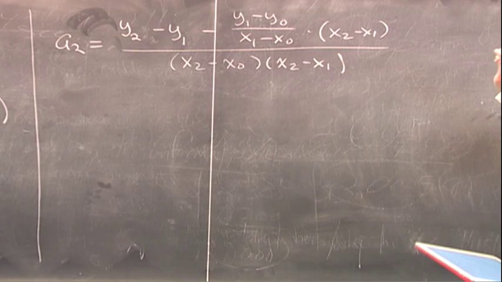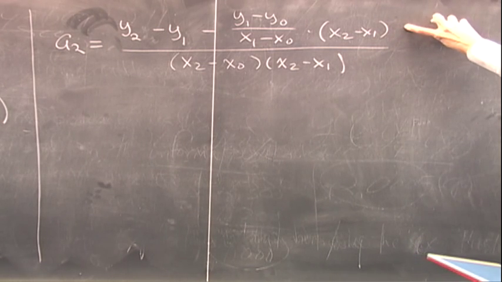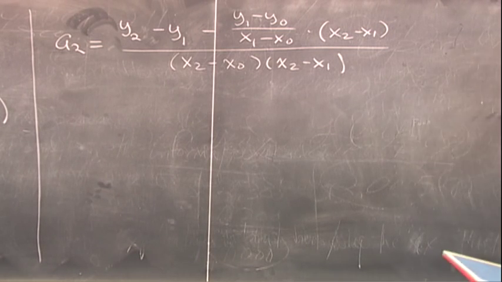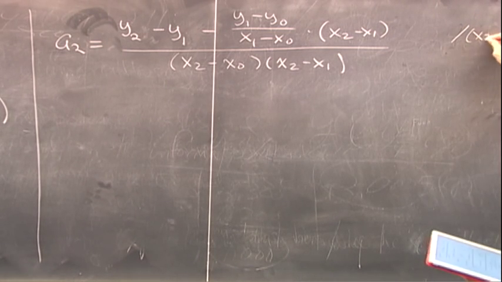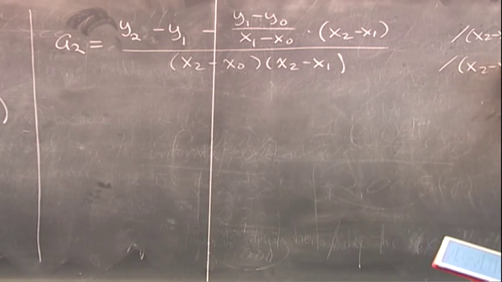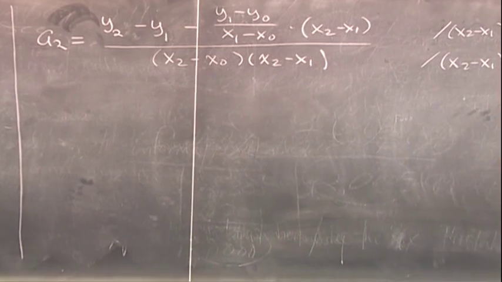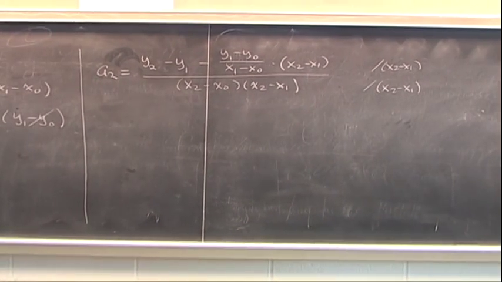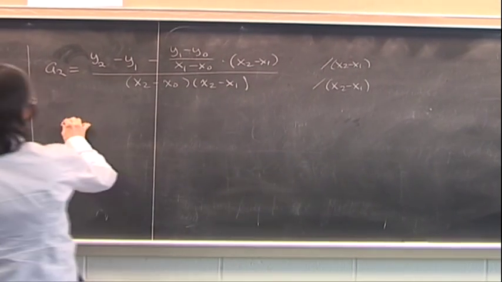Okay, so what I do now will be, I will divide the numerator and the denominator by this factor, x2 minus x1. So this will be divided by x2 minus x1, and this will be divided by x2 minus x1. They are distinct, so this is a non-zero value, right? I can do that. Okay, so then what do I get? Let's write it.